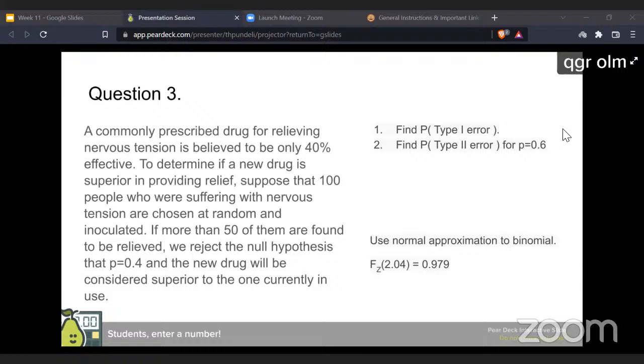Reject H0 if X bar is greater than 0.5. So 0.5 is becoming C. So this is the critical value, after which we are going to reject the null. So for this critical value, what is going to be the type 1 error, or what is going to be the type 2 error?